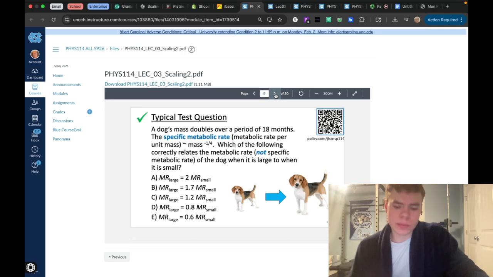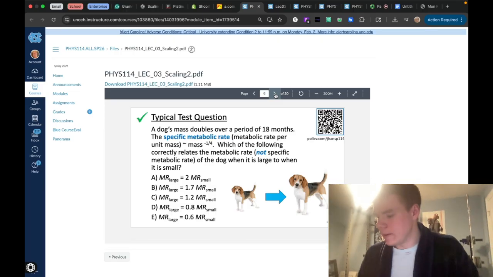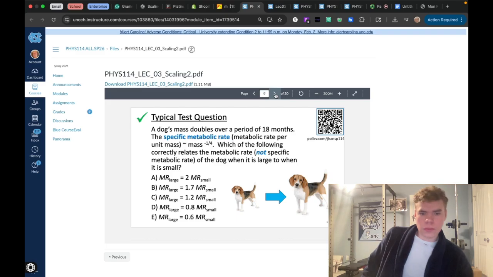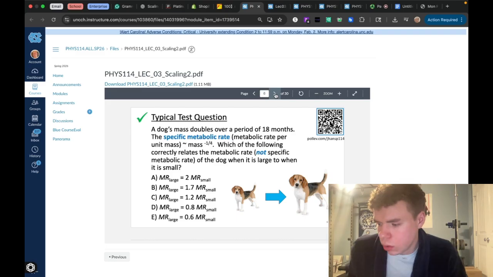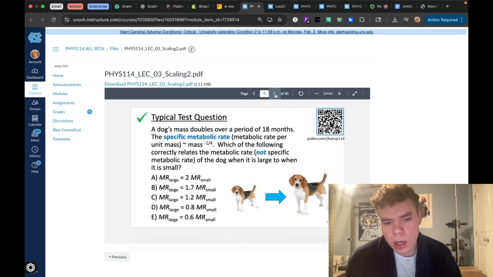All right, so in the last episode, we were doing some math, and we determined that when the dog's mass doubles, the surface area to volume ratio is only 79% of what it used to be.